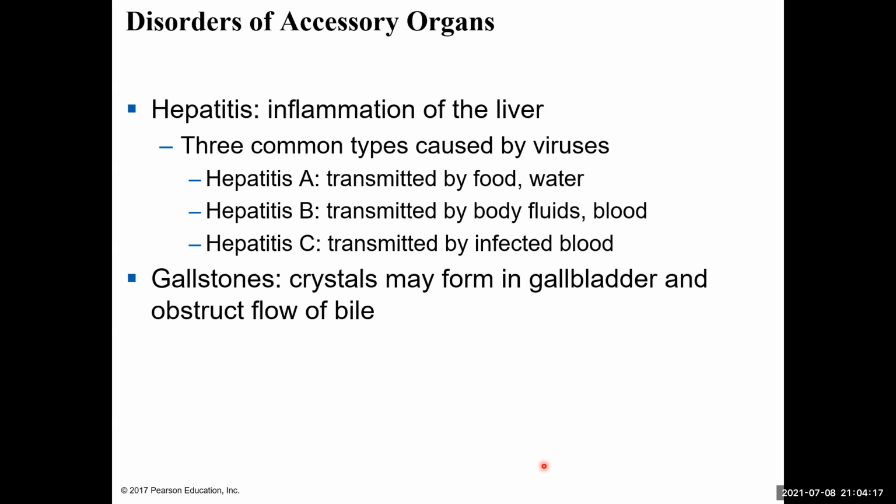And then the last one that we're going to mention is gallstones, which is where crystals form in your gallbladder, and they can obstruct the flow of bile and can be painful. And the doctor would go in and if they can't break up the crystals and it's severe, then they would remove your gallbladder to help get rid of that disease.